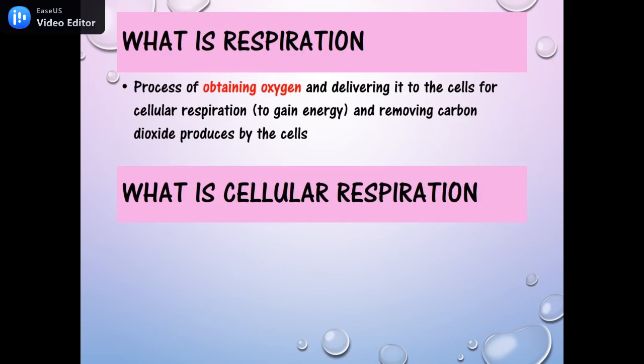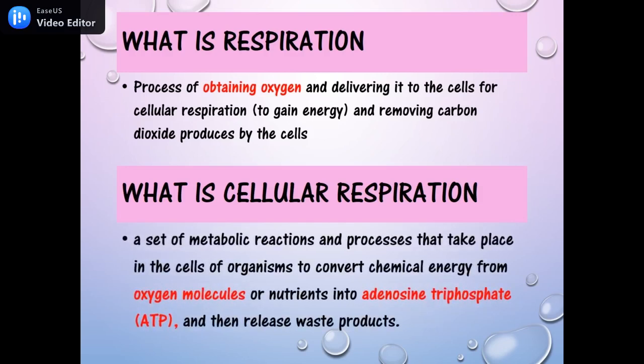Whereas cellular respiration is a set of metabolic reactions and processes that take place in the cell of an organism to convert chemical energy from oxygen molecules or nutrients into adenosine triphosphate, ATP, and then release waste product.